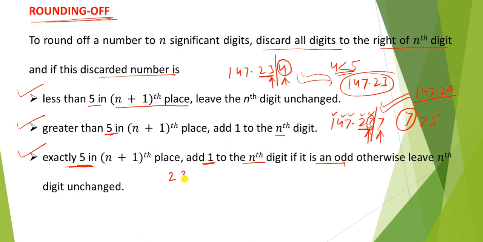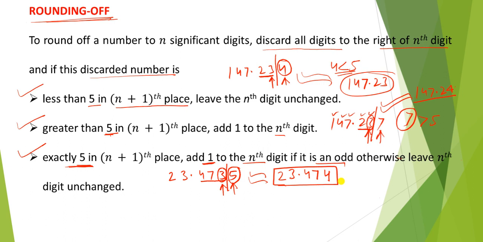Say we consider 23.47473 and round it off correct to 3 decimal places, or correct to 5 significant digits. Here 3 is the nth digit and 5 is the n plus 1th digit, which is exactly 5. Since 3 is an odd number, it is increased by 1, so the rounded number will be 23.474.